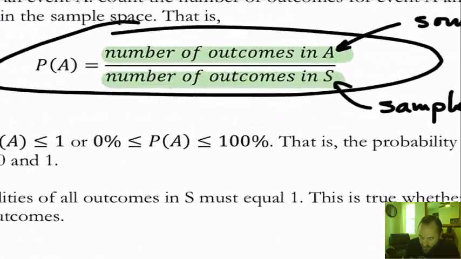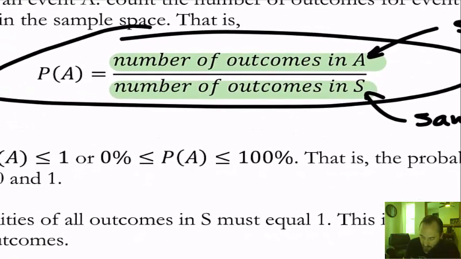So I want you to see here, even with the notation, the probability of A, P of A. This is function notation like f of x, where you place the event into the function and the output is this, and we have to figure out the guidelines of the numerator and the denominator here.